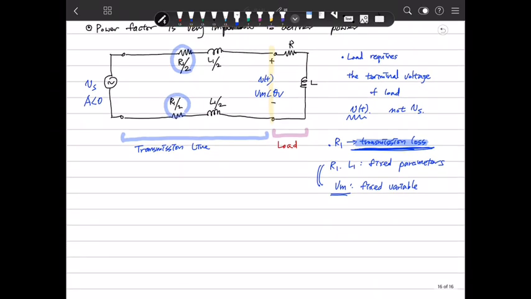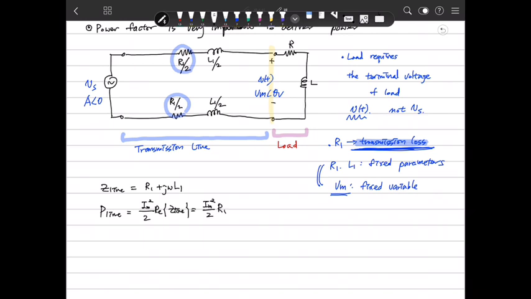So the line impedance, we define the Z line, can be modeled as R1 plus j omega L1. So the active power consumed by the transmission line, the power line loss, will be the square of the magnitude of the line current, I line, times R1.